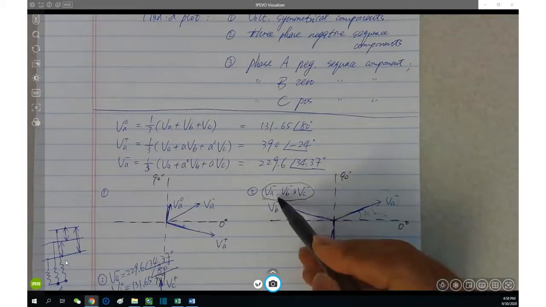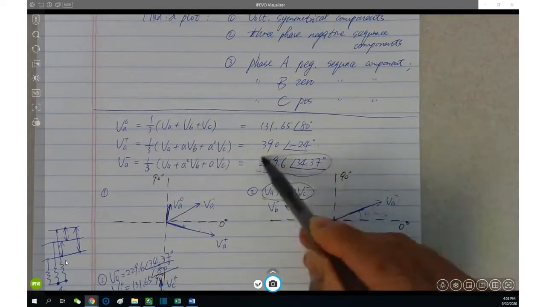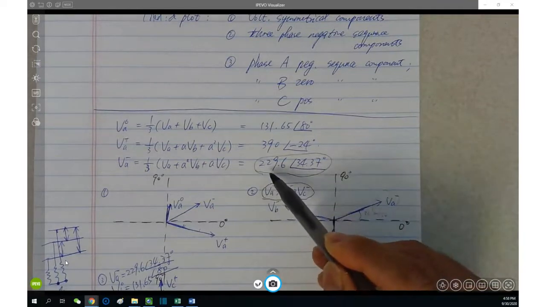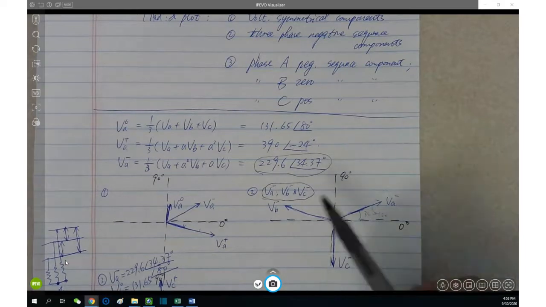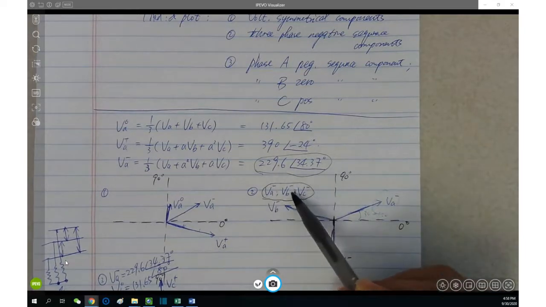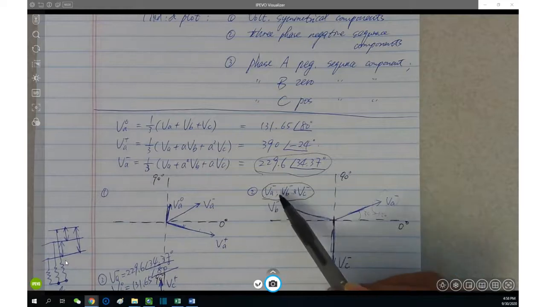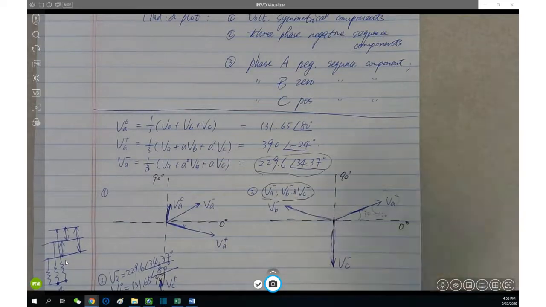You got it from the symmetrical components. So VA is here, and you can plot it into the graph first with certain lengths. The length doesn't matter because this is negative sequence in which the three components are balanced, same magnitude, 120 degree phase shift.